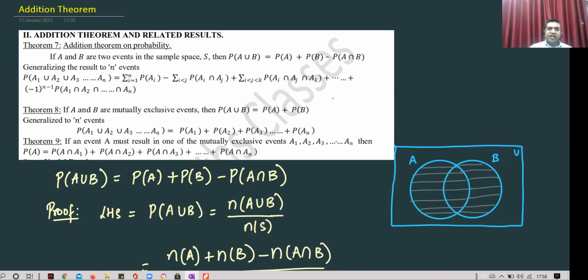Now if the events are mutually exclusive. What are mutually exclusive events? Mutually exclusive events means if one event occurs, the other cannot occur. Like a coin is tossed. You can get either a head or a tail. So getting a head and getting a tail are exclusive events.